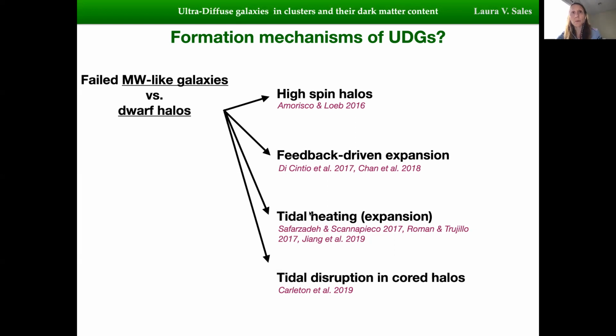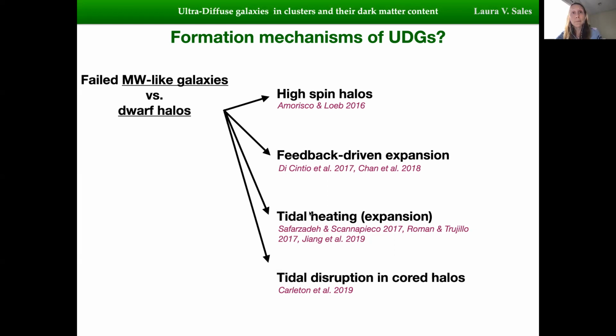But there were also proposals of methods to form UDGs that were related to environment, whereas these previous two, the feedback or the high spin halos, refer to internal mechanisms that each dwarf halo might undergo. As they infall into clusters or groups, they are also exposed to other processes. And so tidal heating or the injection of energy in pericenter passages was also proposed by several authors, and as well the tidal disruption of dark matter halos.